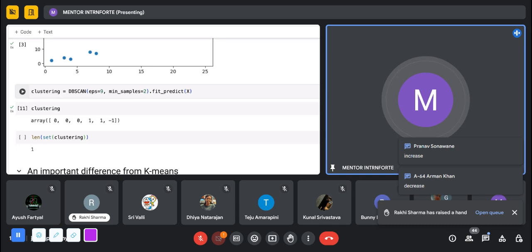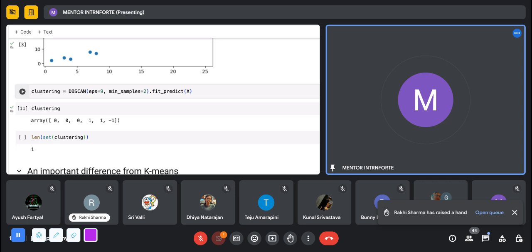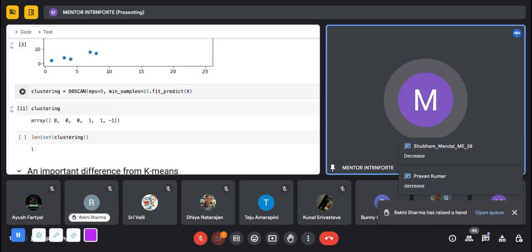I got two answers as of now. Anybody else? If you increase the radius, you are expanding to more points, so will the clusters decrease? Yes, decrease is the answer.